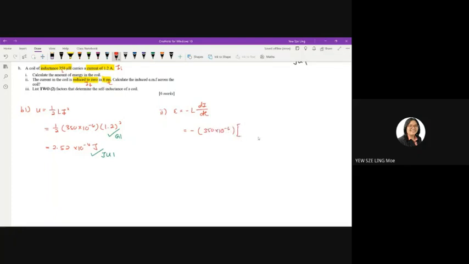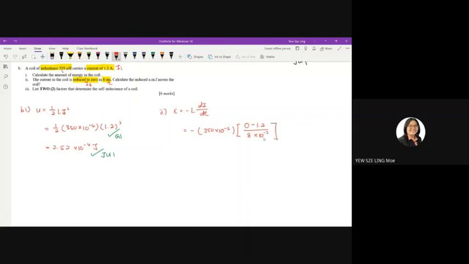What does di mean? Di means change. Change means final minus initial. In this case, the final I is 0. 0 minus 1.2 over 8 milliseconds, 8 times 10 to the power of negative 3.